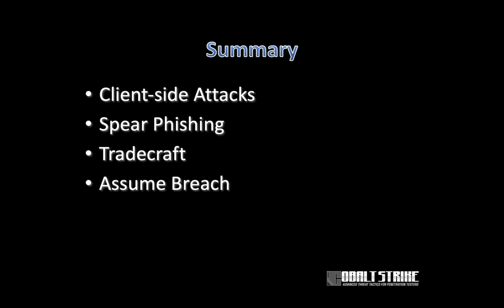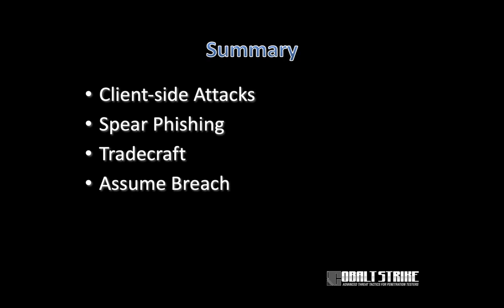In this lecture, we talked about the client-side attack initial access model. That is pairing a weaponized file or link with a plausible pretext and using spear phishing to get it to a target to get initial access in an environment. We talked about spear phishing with Cobalt Strike, and I took you through tradecraft considerations getting that spear phishing email to your target in the first place.